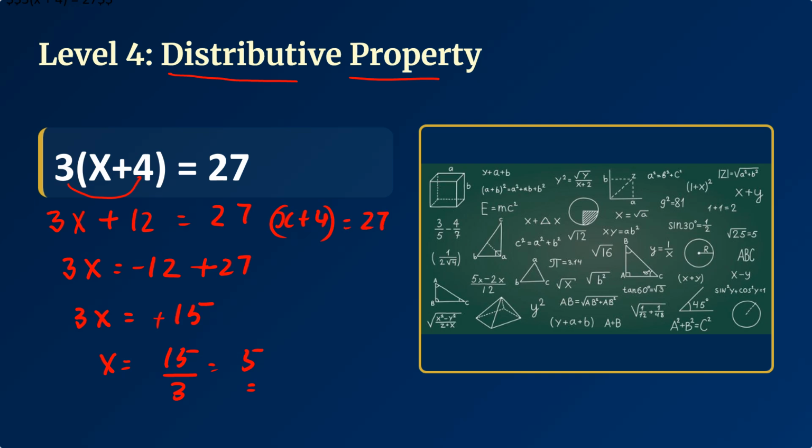As I told you, 3, it's getting multiplied with the whole bracket. So here, when it goes to the right hand side, it gets divided. 27 gets divided by 3. So you have x plus 4 is equal to 9. So x will be equal to what? 9 minus 4, which is equal to 5. So this way also you can solve it.